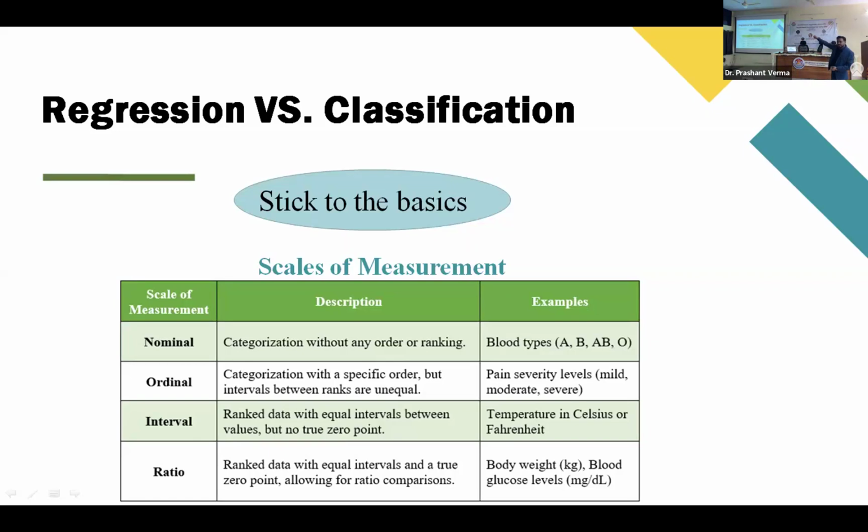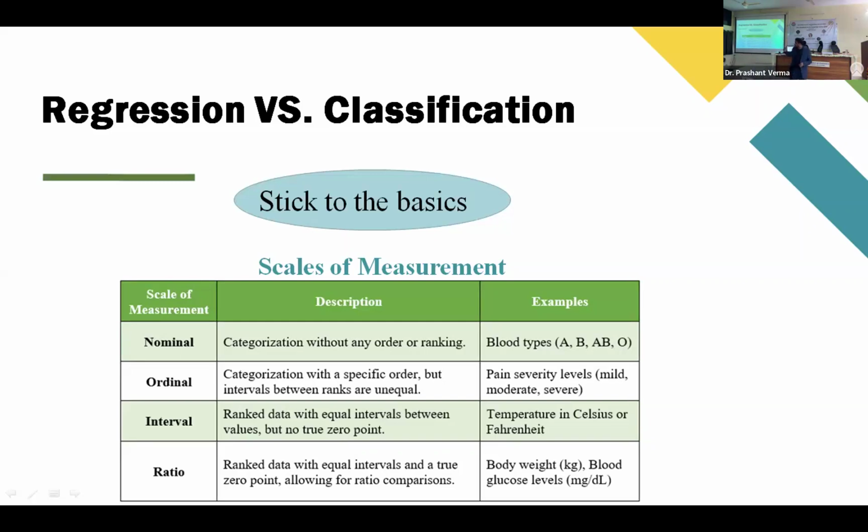If someone says, I don't have any income, what will you put in the data? 0. That means the income attribute is absent. There is no income. That is the basic difference between ratio and interval scale. I hope it is clear now how to differentiate them.